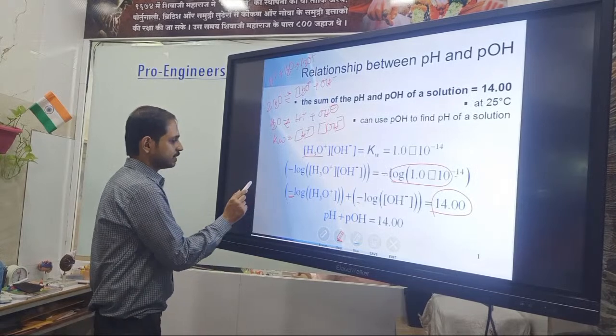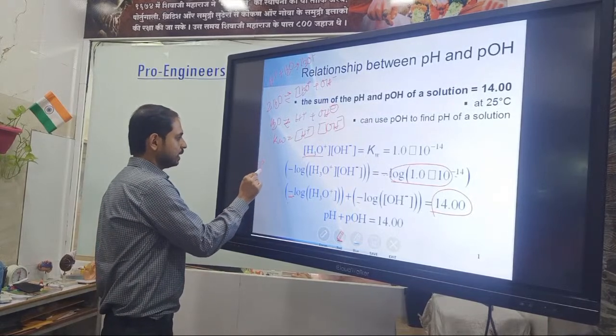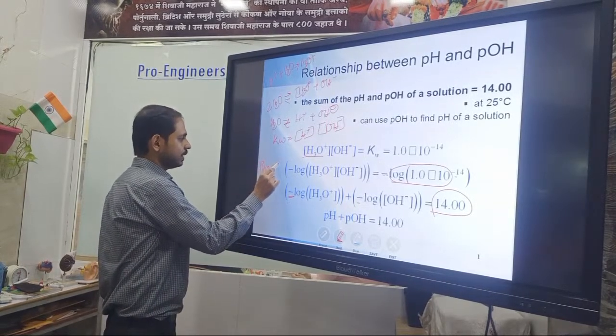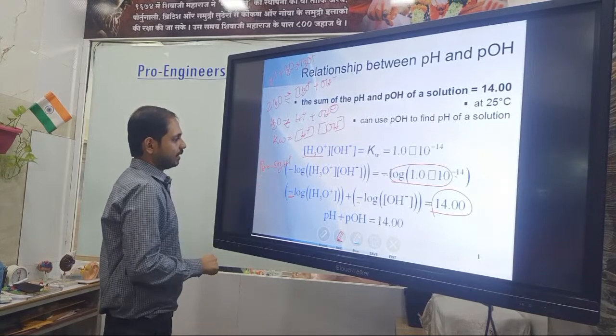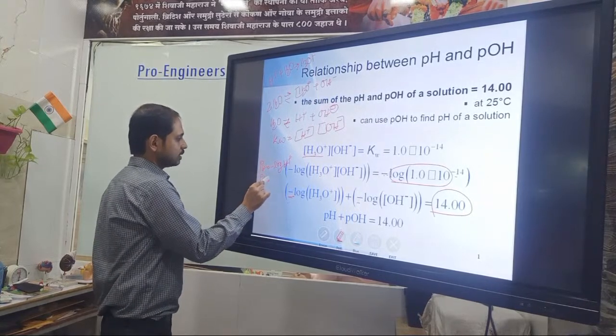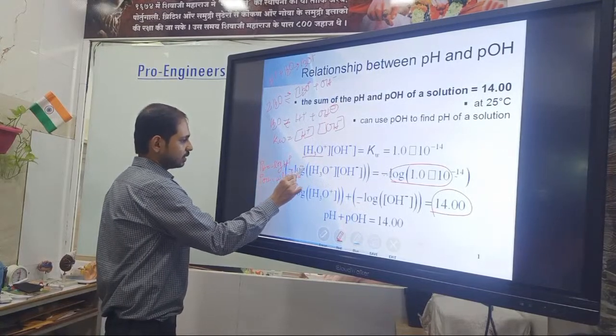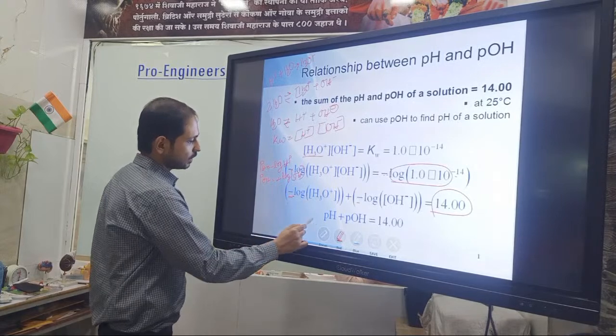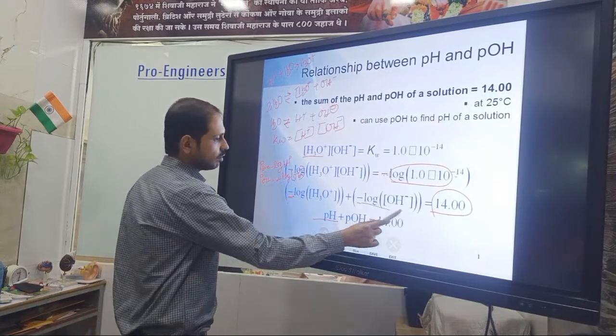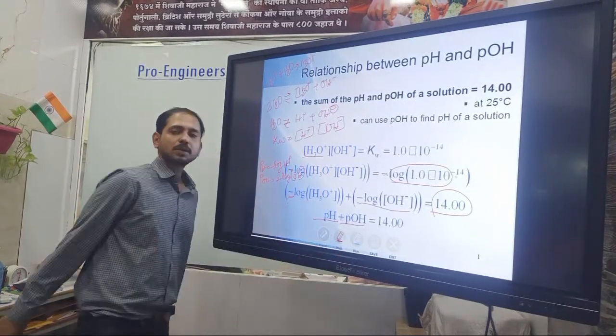In the previous slide we discussed that pH is equal to minus log of H plus, and pOH is equal to minus log of OH minus. So instead of minus log of H3O plus we can write pH, and instead of minus log of OH minus we can write pOH.